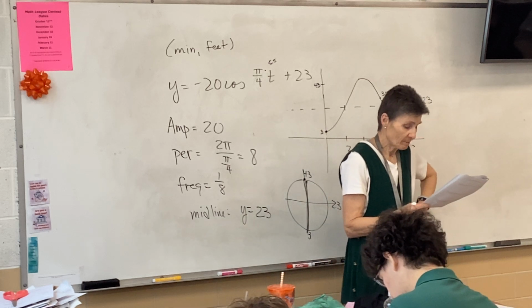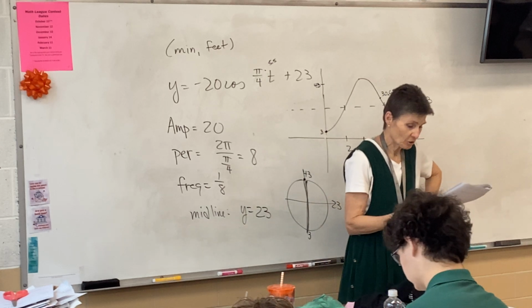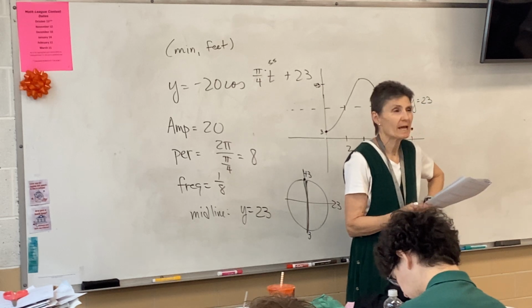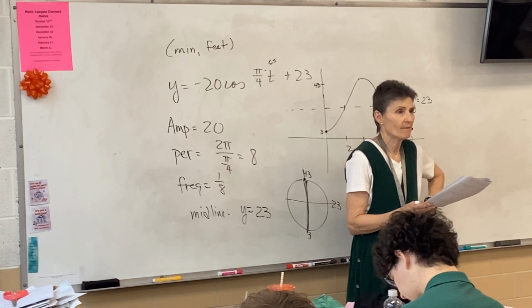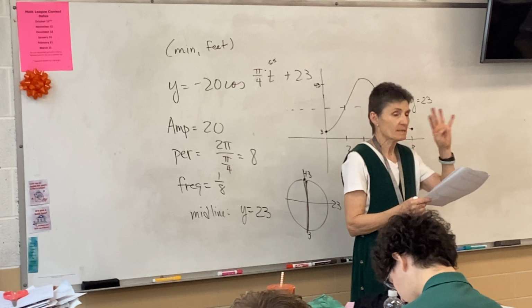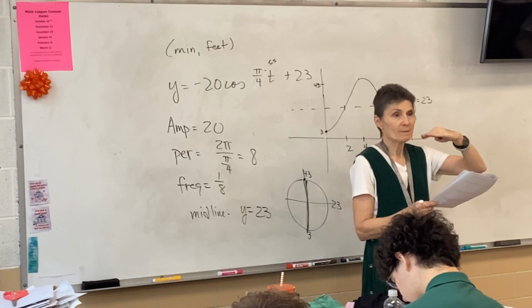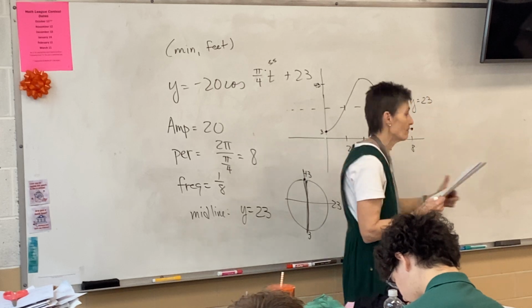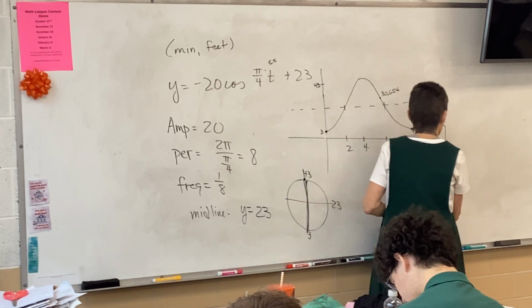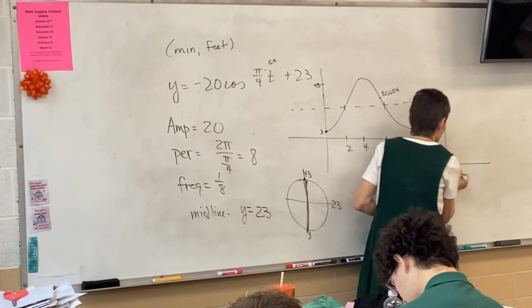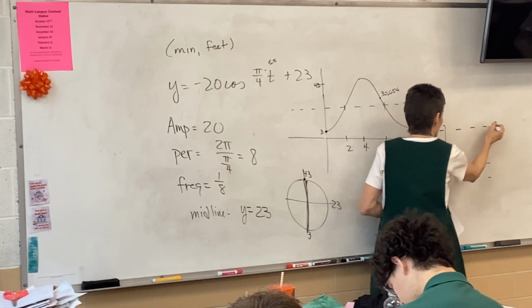Write the equation of a sinusoidal function with a range of -1 to 7. The only stipulation is it's got to go from -1 to 7. So think about that.